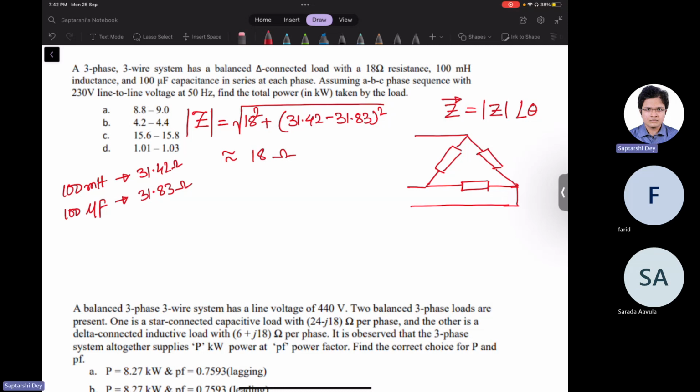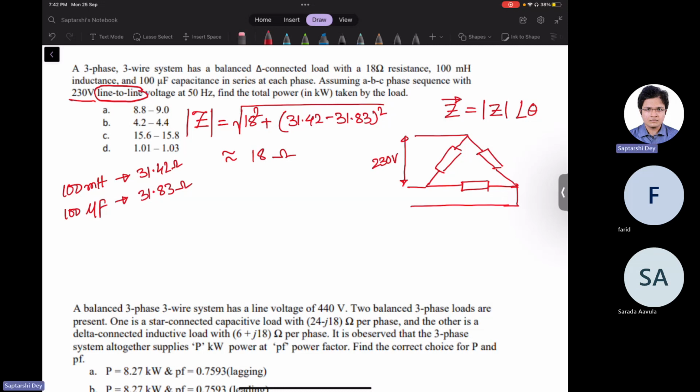And the question is the total power taken by the load. We will find the power in one phase and multiply by 3. This is a three-phase three-wire system, 230 volt. They have mentioned line-to-line voltage, but even if nothing is mentioned, for three-phase it is line-to-line voltage only. As the load is delta connected, you can see from the circuit itself that the line voltage is nothing but the phase voltage.